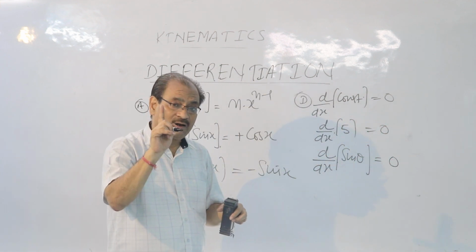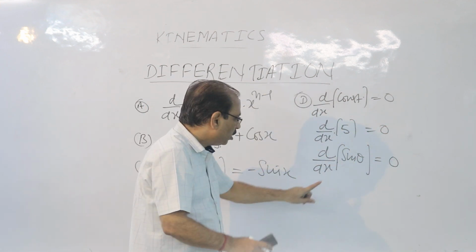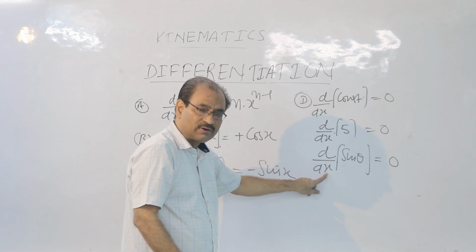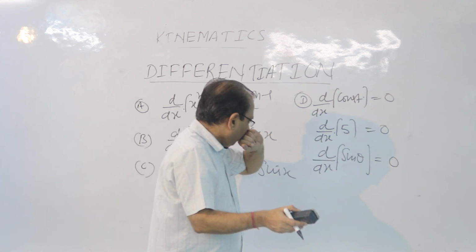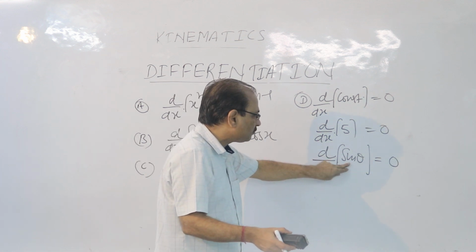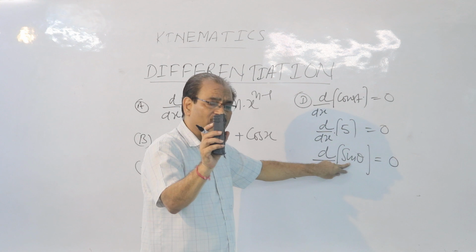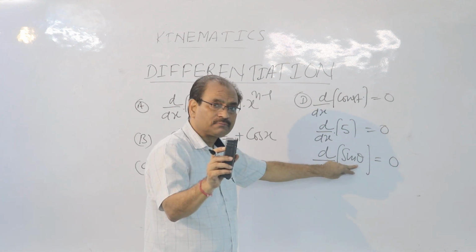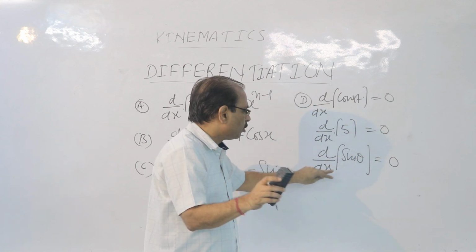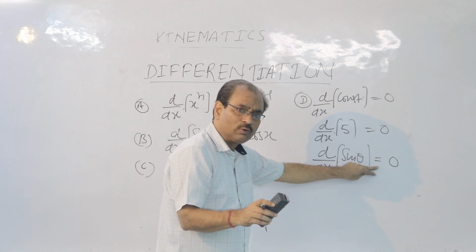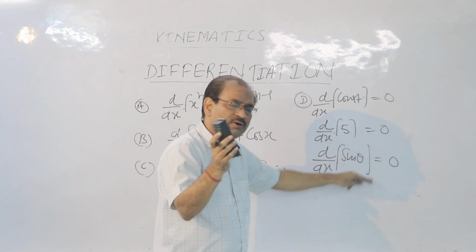Reason being, children, look carefully, here the variable is x. We are differentiating it with respect to x. But here, in this function, we have got theta. So here, theta is taken to be constant. So our answer will be equal to 0. I hope this concept is clear.